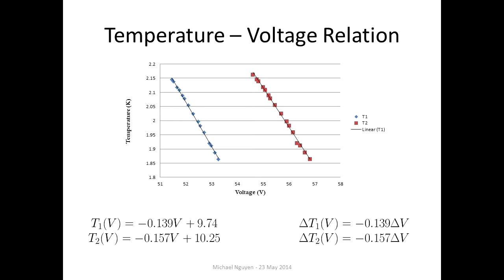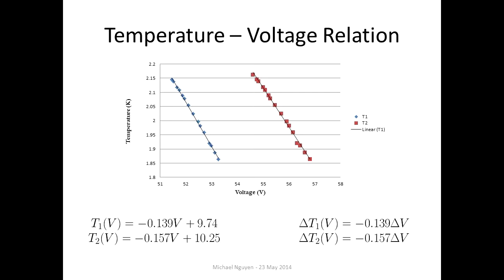So, next we wanted to determine some sort of relationship between the temperature inside the Dewar versus the voltage across the resistors, or across the bolometers. So given our temperature voltage relation, we took a linear regression with an R-squared value of 0.099, as shown below.